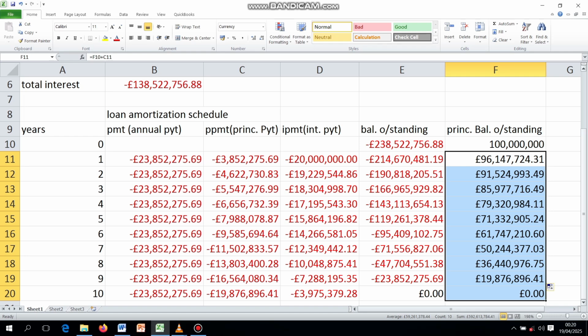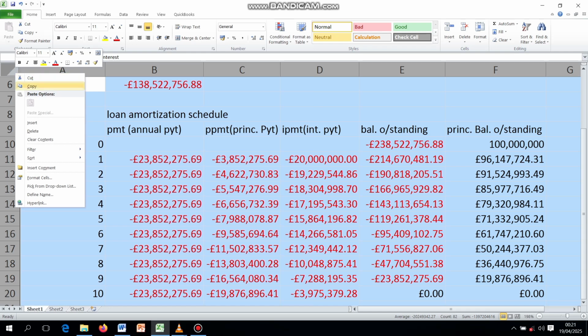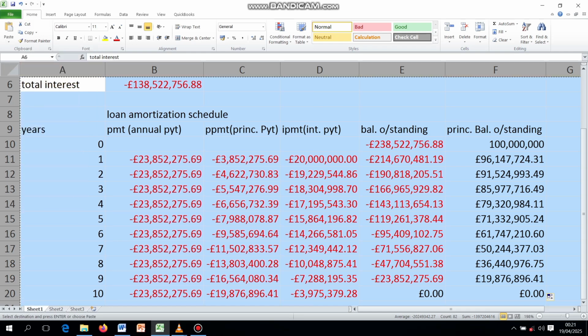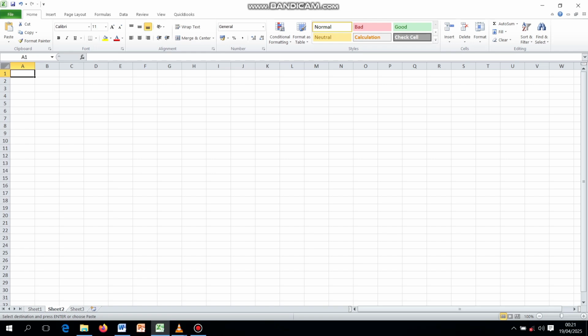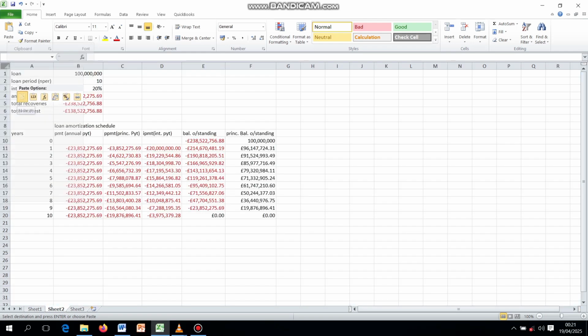Prepare the amortization schedule based on the given information and advise the entrepreneur on which option of credit facility to take. So, not to do the same work again, I'm going to copy it, come to the new sheet and paste the same thing.